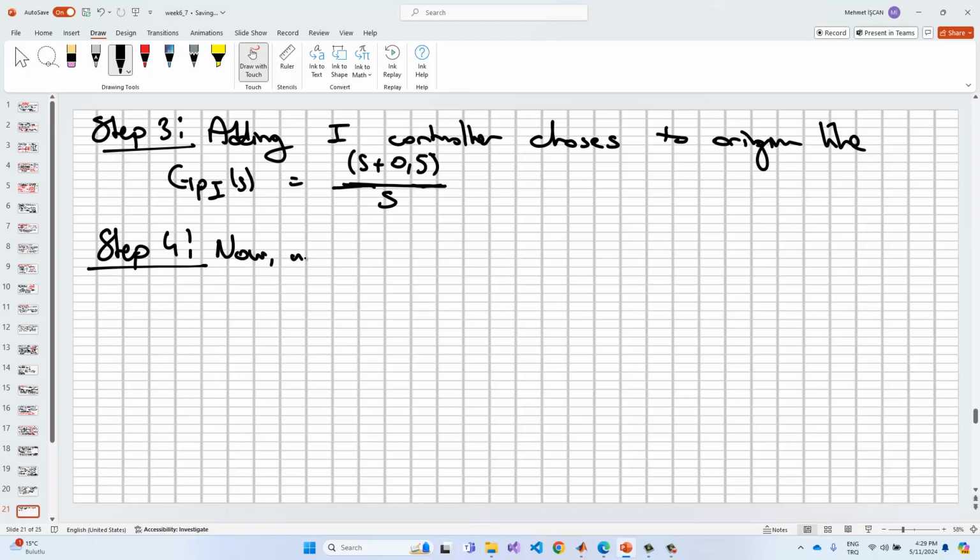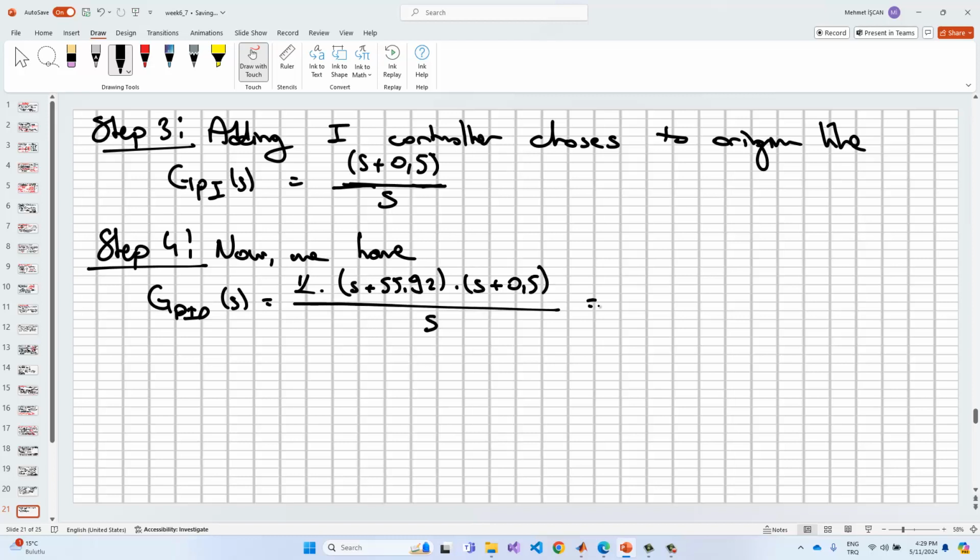Now we have the PID controller G(s) equals K times (s + 5592) times (s + 0.5), right? This is the normal condition. And so 4.6 times (s + 5592) times (s + 0.5) divided by s, right?